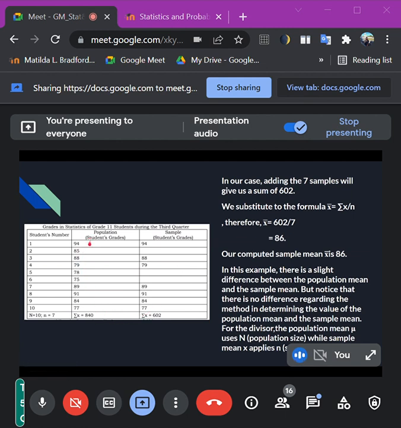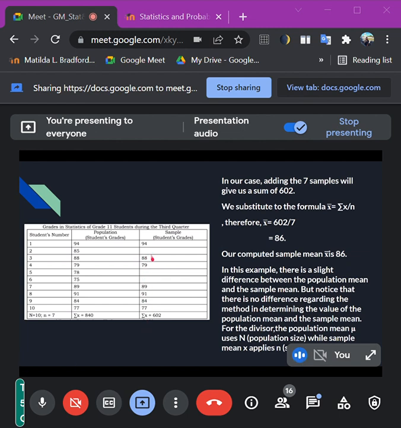Our example is just a sample from earlier. Sa population, sorry. Population. Its mean is 840. Now, here again, the number of elements is 7 from 10. And then, to get our sample mean, we just substitute, we add the ones we picked.